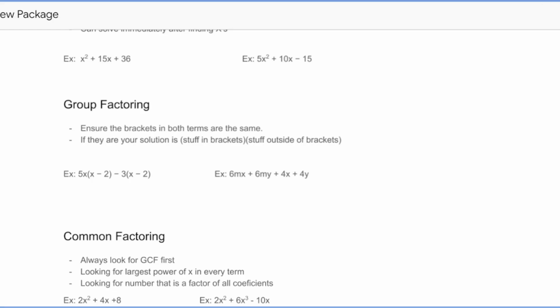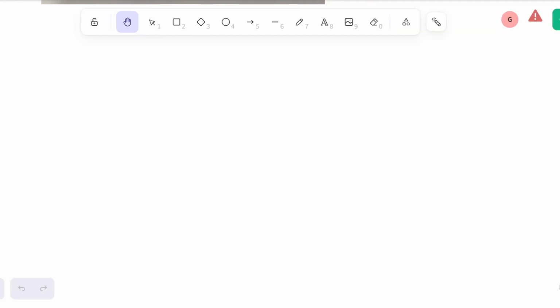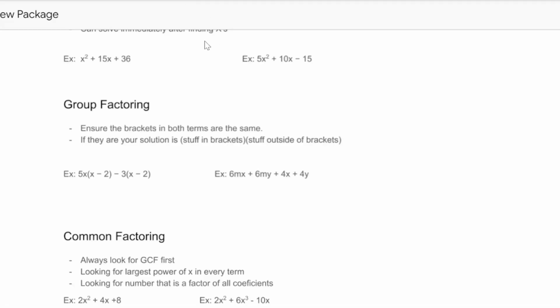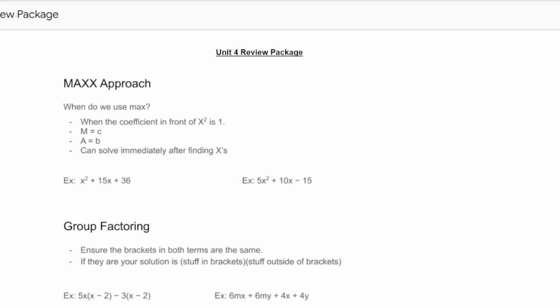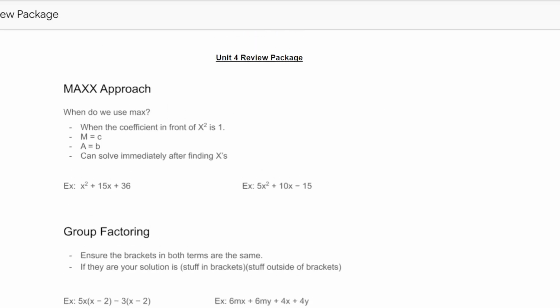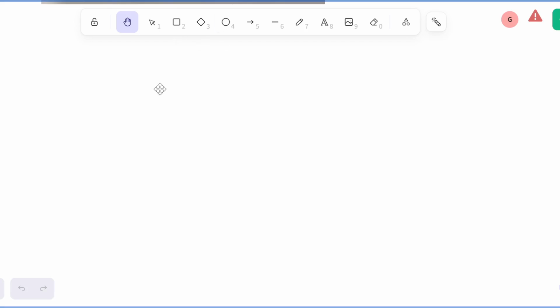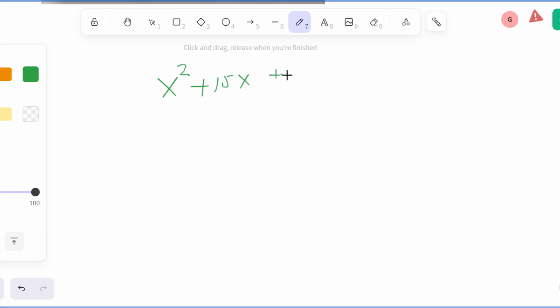For example, if I take one equation from this word file: x square plus 15x plus 36 equal to 0. Whenever your coefficient of x square is 1, as it is now, you can use the max approach.